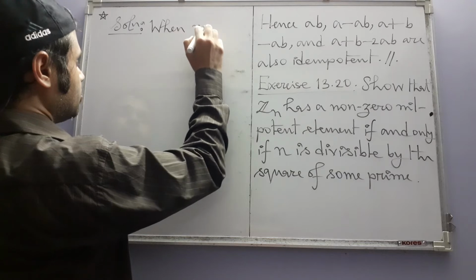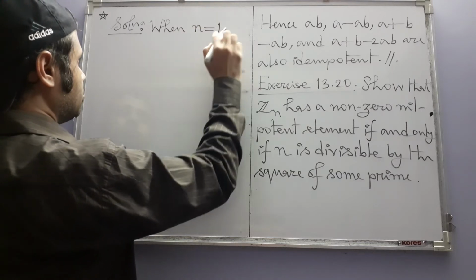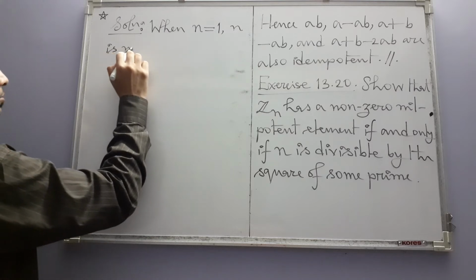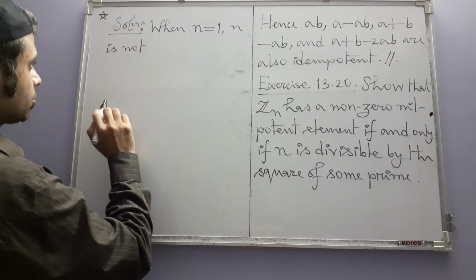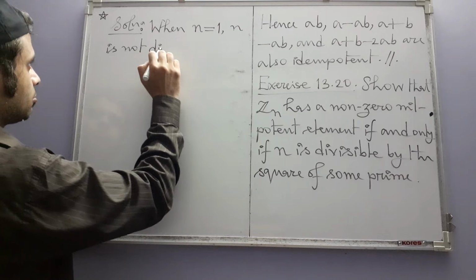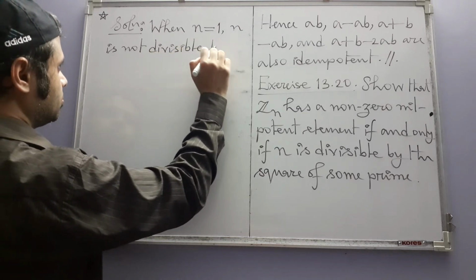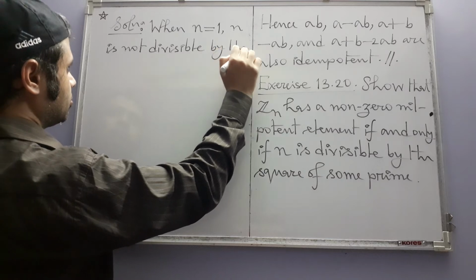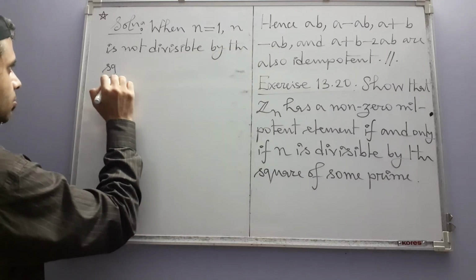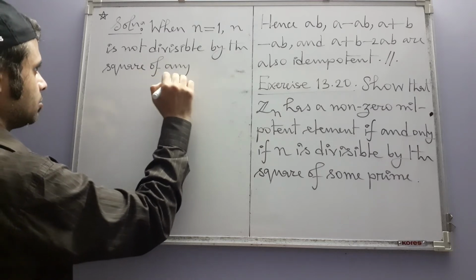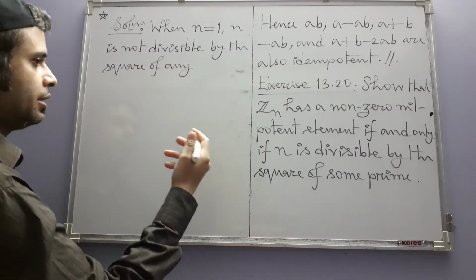When n is equal to 1, n is not divisible by the square of any prime. In fact, n is not divisible by any prime itself.